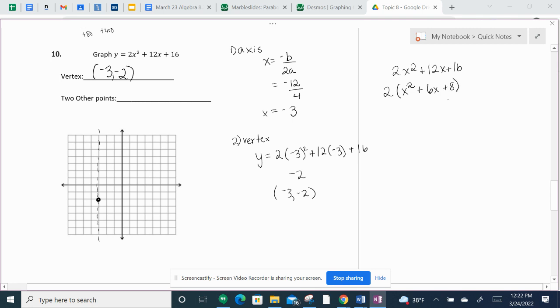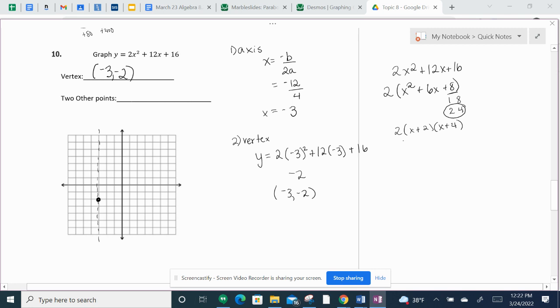Then I'm going to determine if this can be factored. 8 would have factors of 1 and 8, 2 and 4, and 2 and 4 happen to add up to give me 6. So it is factorable to x plus 2 and x plus 4.